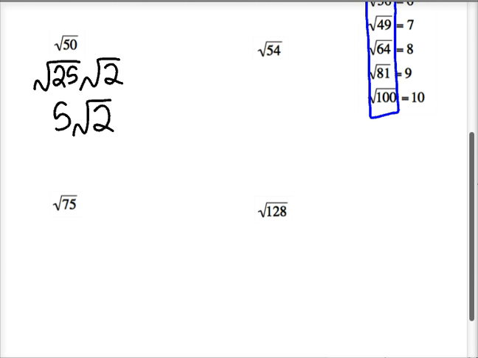So I'm going to go back and show myself splitting it up that way. 9 and 6 gives me 54. Well, again, I know the square root of 9 is 3, so I can call this 3 square roots of 6. That's going to be the end of that expression.